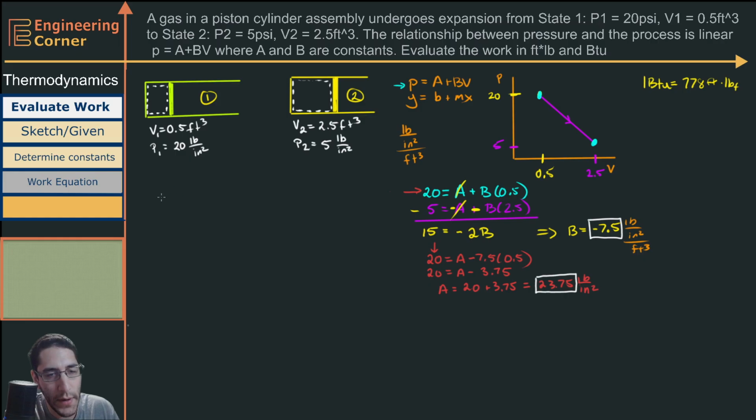Now, the equation we have for work is work equal to the integral of P dV from the two volumes that I'm going between, from my final volume to my initial volume. Again, since these are changing, I am going to have some form of work. If this volume never changed, my work would be equal to 0.